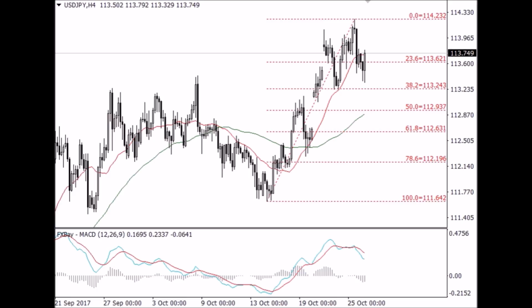However, both moving average lines on four-hourly charts remain expanding upwards, which suggests the uptrend structure remains. Thus we could look forward to a closure above the previous high at 114.3, which will provide a signal for continuation of the uptrend, and the next resistance level can be seen at 116.